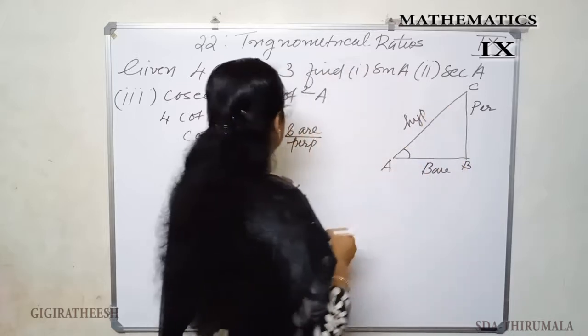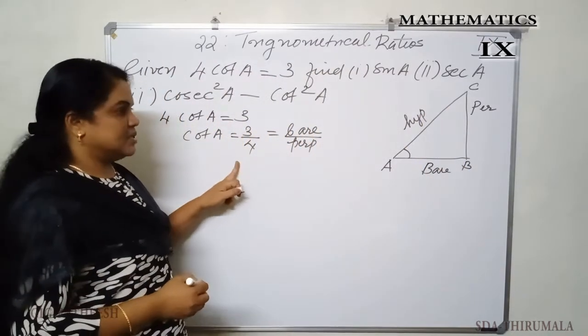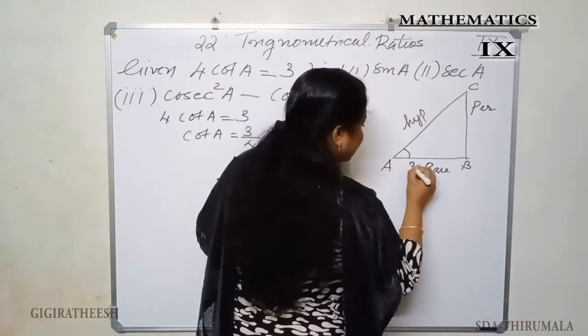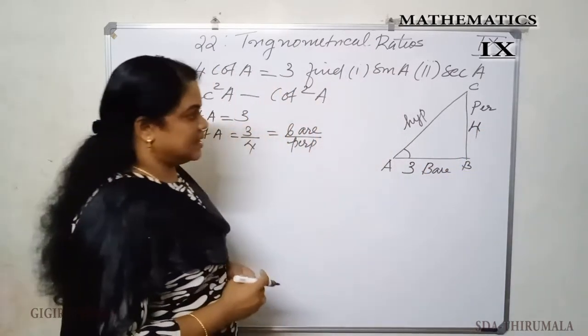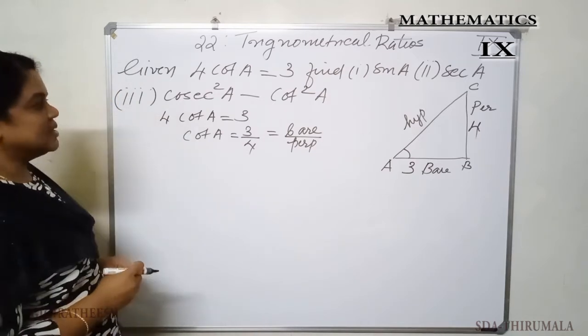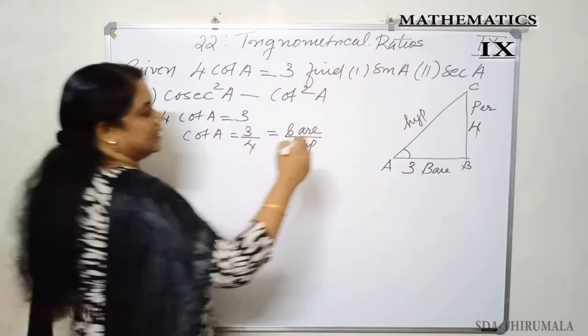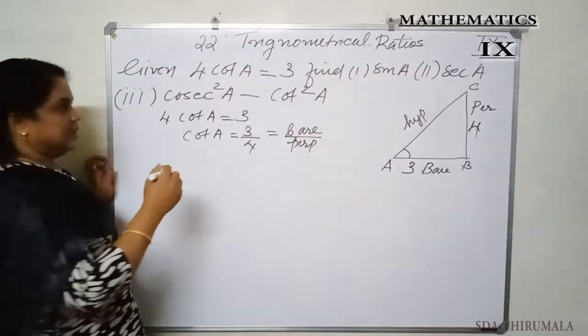Base is equal to 3 and perpendicular is equal to 4. Base is 3 centimeter and perpendicular is 4 centimeter. These are the lengths of the sides of triangle ABC. From this, we have to calculate AC, by using the Pythagoras theorem.